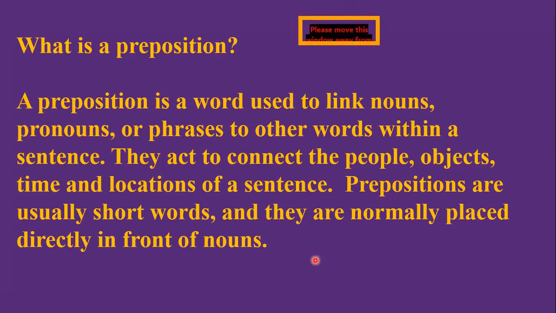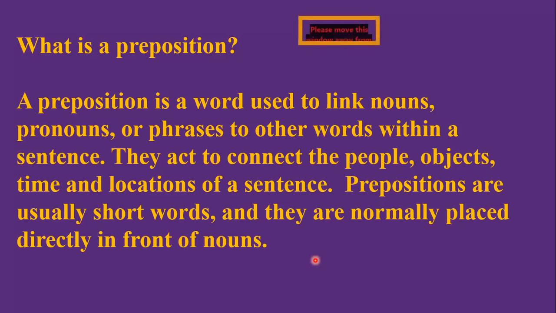But what is the function of the preposition? They connect and link the nouns, they tell the location or the position with respect to each other. They are connecting the people, the objects, the time, the location. Whatever words we are using, they are helping us form a sentence with those words.